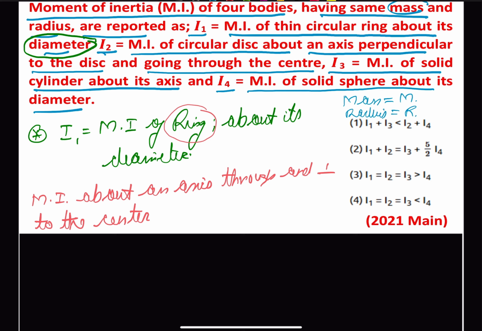Let us call that moment of inertia I ring, and this I ring is MR square.